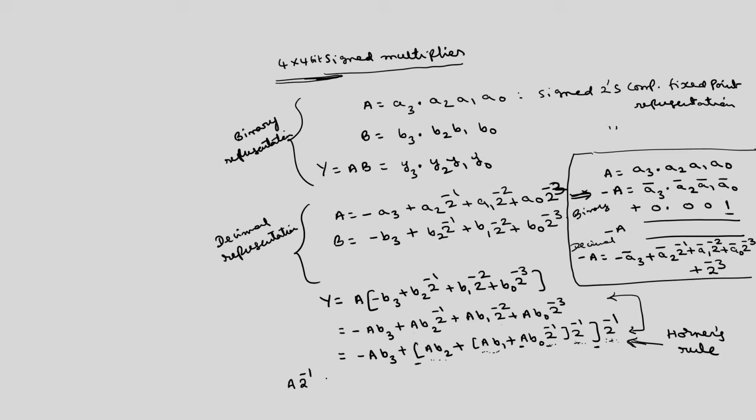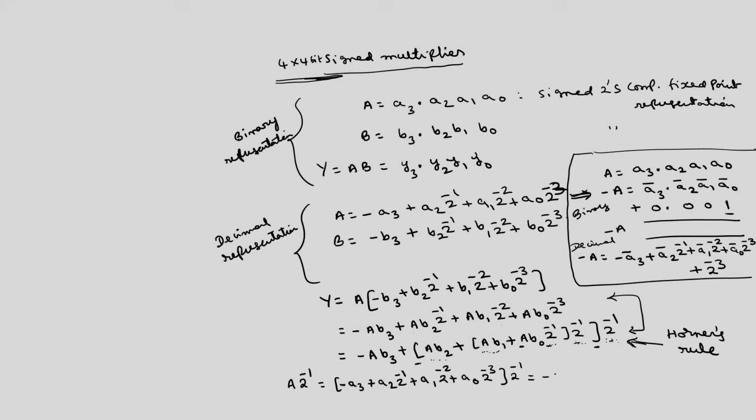This is equal to, A in decimal form is minus A3 plus A2 2 raised to the power of minus 1 plus A1 2 raised to the power of minus 2 plus A0 2 raised to the power of minus 3, into 2 raised to the power of minus 1.